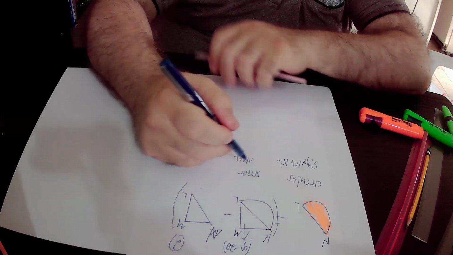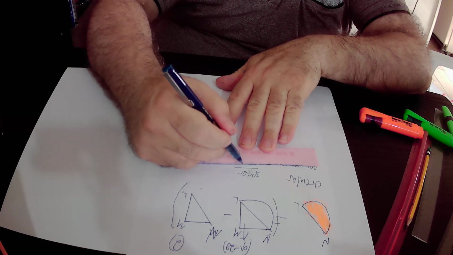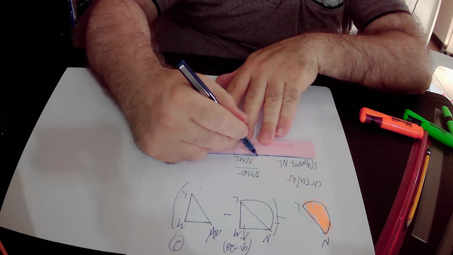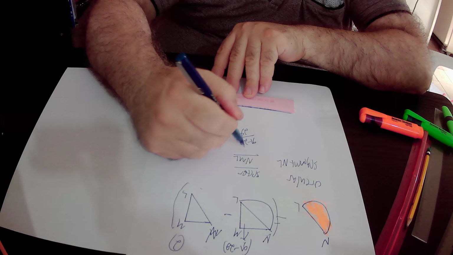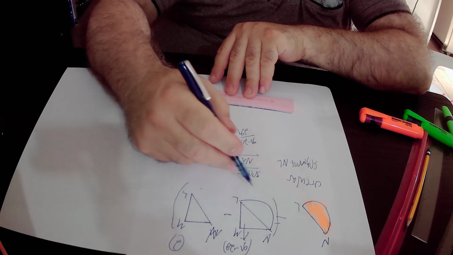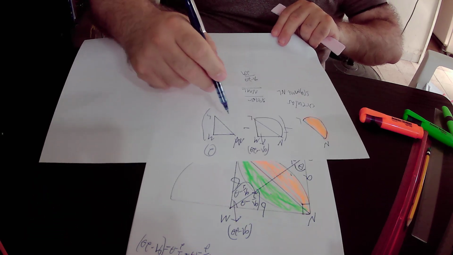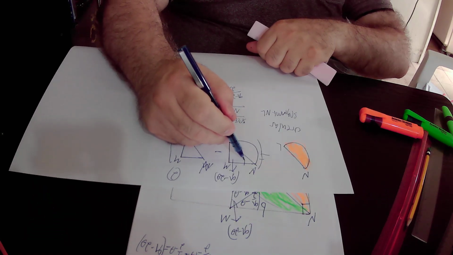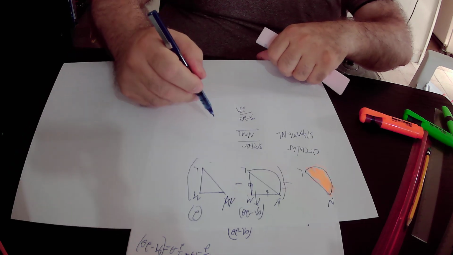So the area of sector NML equals pi minus 2 theta over 2 pi times the area of this circle, that is pi r square, and here r equals b, so it is pi b square.